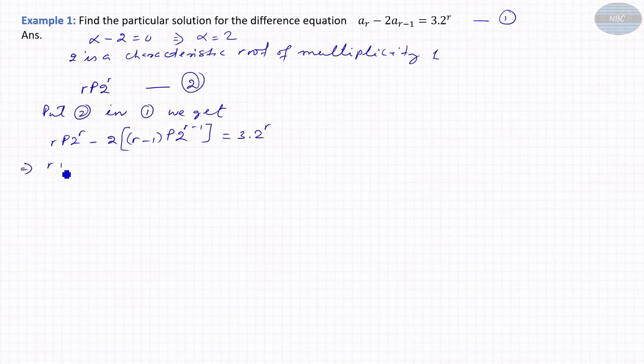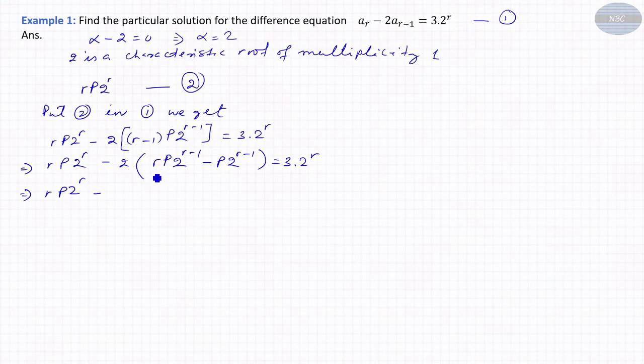Now let us solve this. r into p into 2 to the power r minus 2 into open bracket, r into p into 2 to the power (r minus 1) minus p into 2 to the power (r minus 1).